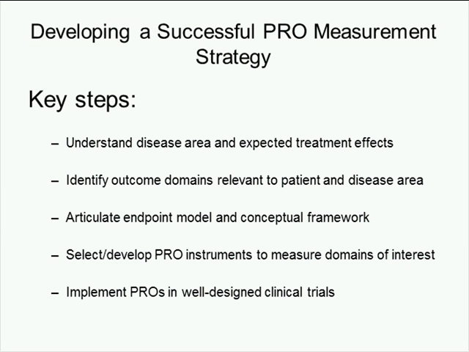A third is to articulate an endpoint model and a conceptual framework, and I'll say more about what these are in just a moment. A fourth is to select or develop PRO instruments to measure the domains that you've determined through literature review and study of the patients themselves are important. And finally, fifth, to implement the PRO study in a well-designed clinical trial so that it's integrated into the trial.